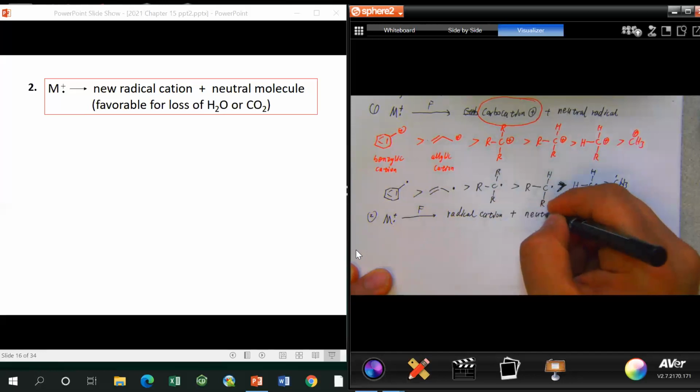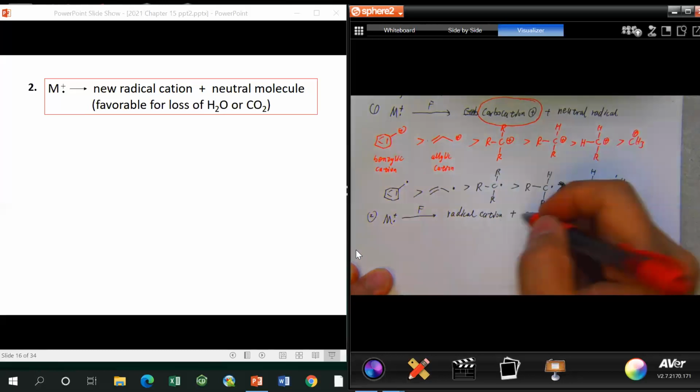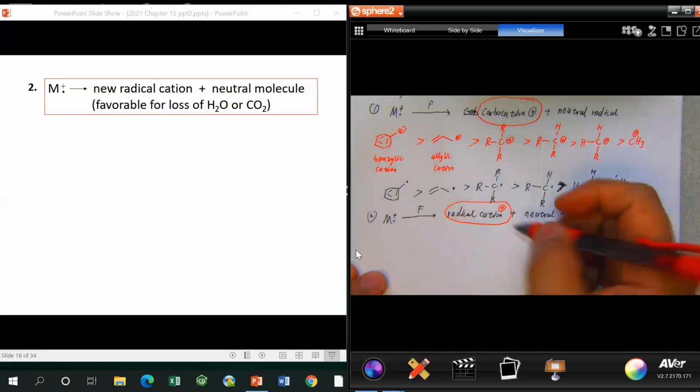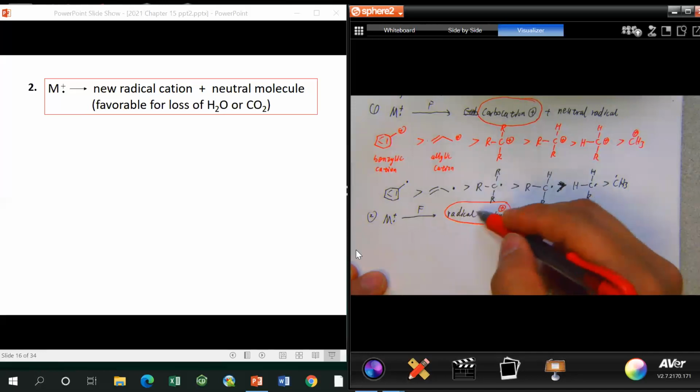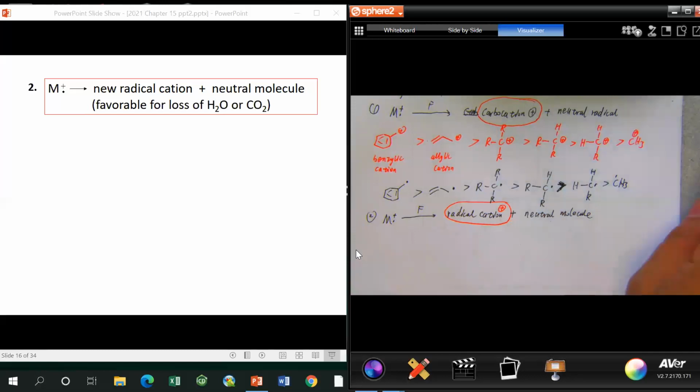The mass spectrometer can detect this radical cation, because the mass spectrometer can only detect charged species, but it cannot detect this neutral molecule.